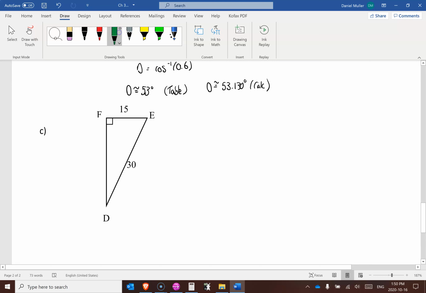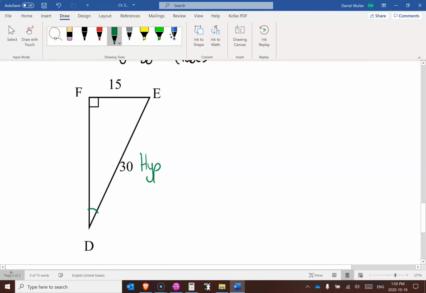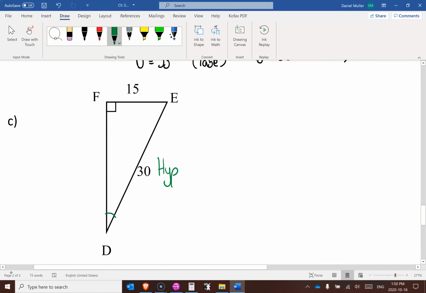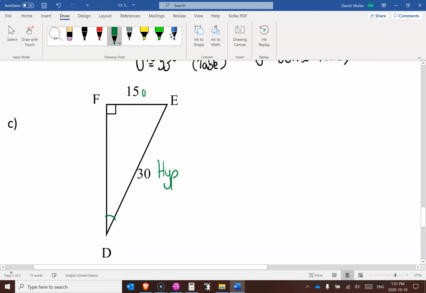Okay, now it did say find D again, so there's D. Across from this 90, that's my hypotenuse, so that's easy enough. And then D is going up. I'll go up here to opposite, so that's opposite, which means this is adjacent.